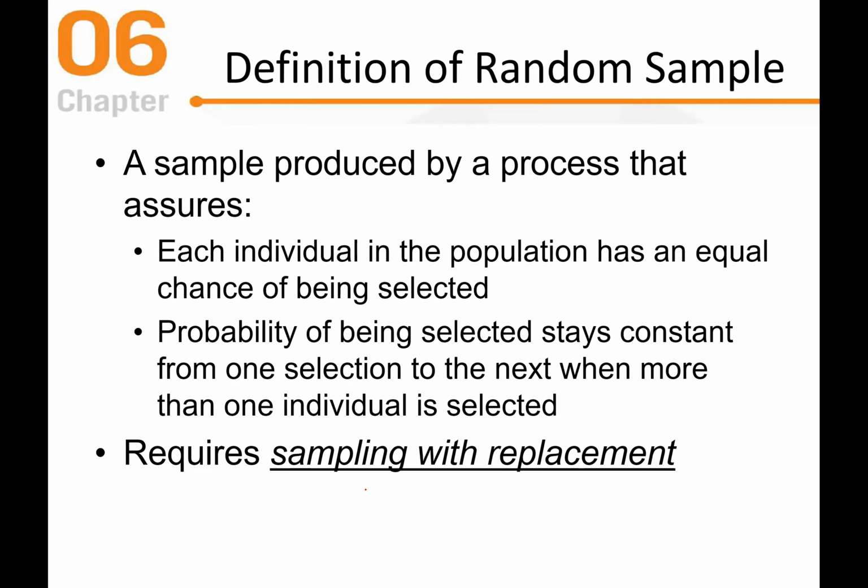So everybody in our entire population has the same exact chance of being selected to participate in our study. And additionally, the probability of being selected is going to stay constant from one selection to the next when more than one individual is selected. And this requires what is called sampling with replacement. All right, sampling with replacement.